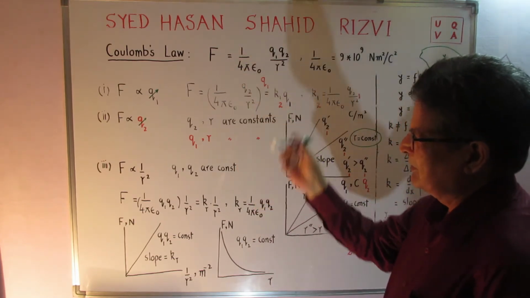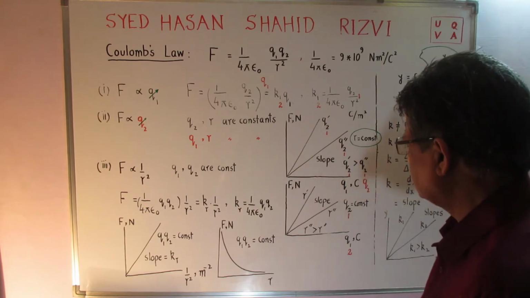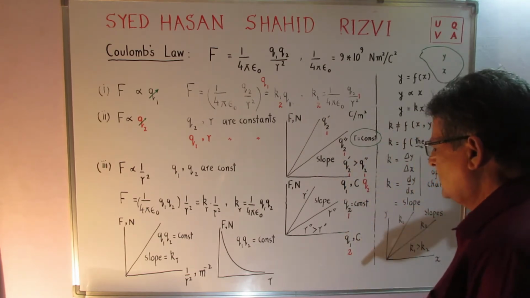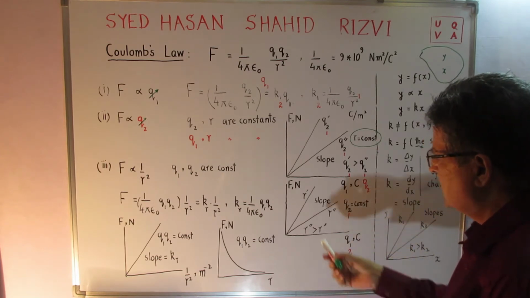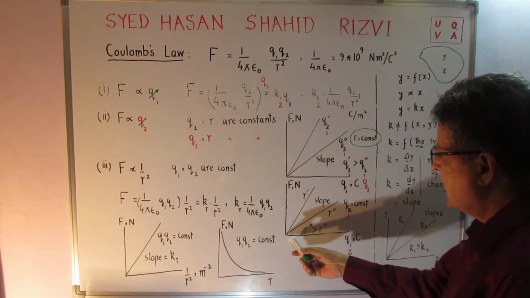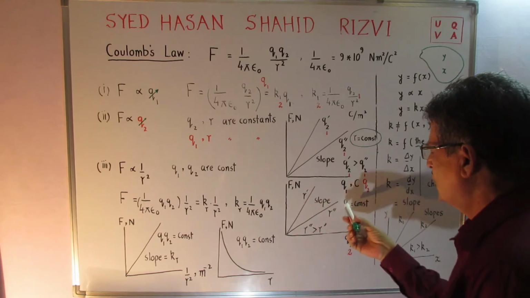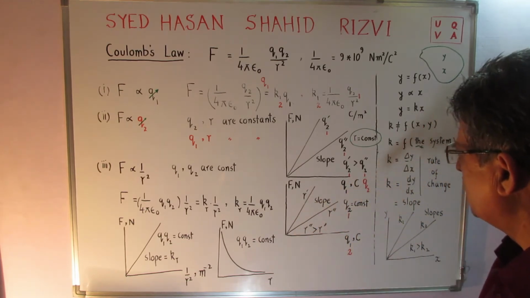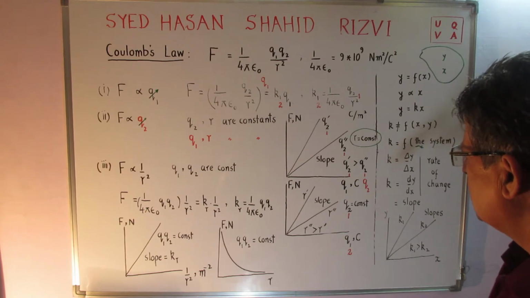So they are very similar to each other. And I have drawn that graph with Q1 in coulombs and F in newtons, and we will get the graph sloping like this. Of course, r has been taken here.